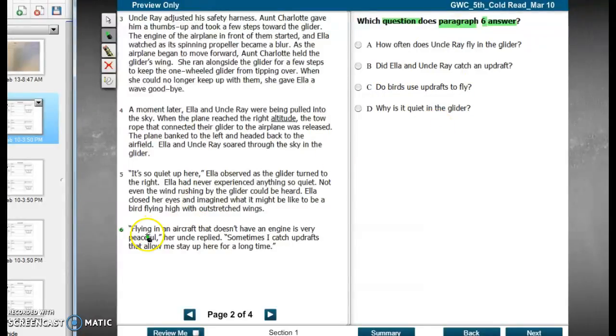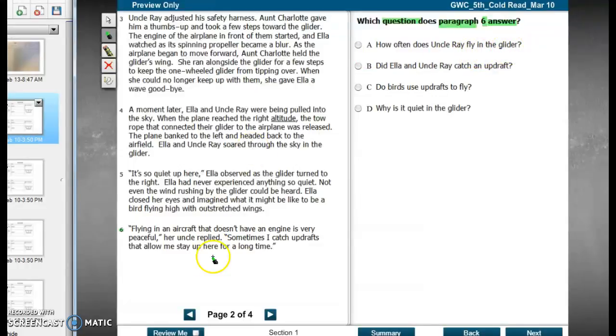All right, number 6. Flying in an aircraft that doesn't have an engine is very peaceful, her uncle replied. I think we already have our answer. Sometimes I catch updrafts that allow me to stay up here for a long time. Well, I see a couple that might work, so let's take a look at them again. A, how often does Uncle Ray fly in the glider?